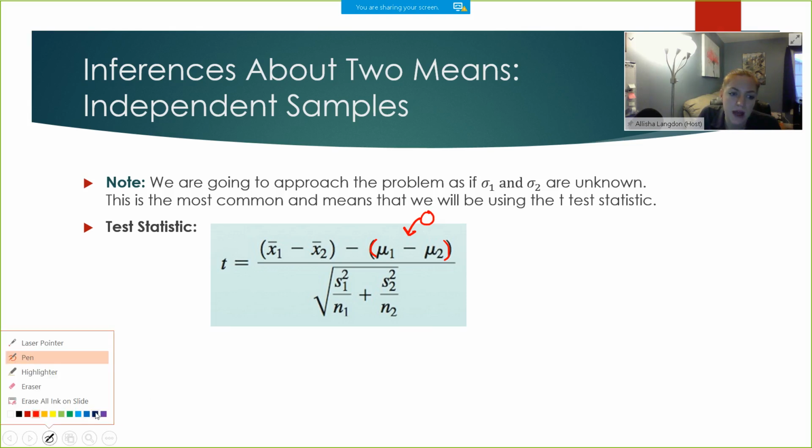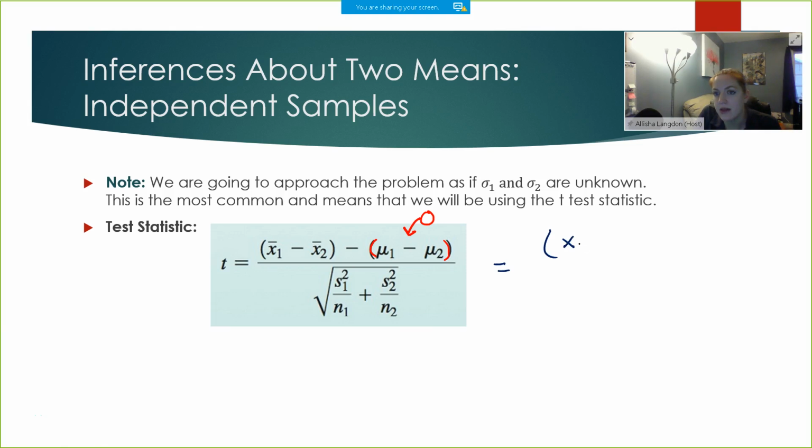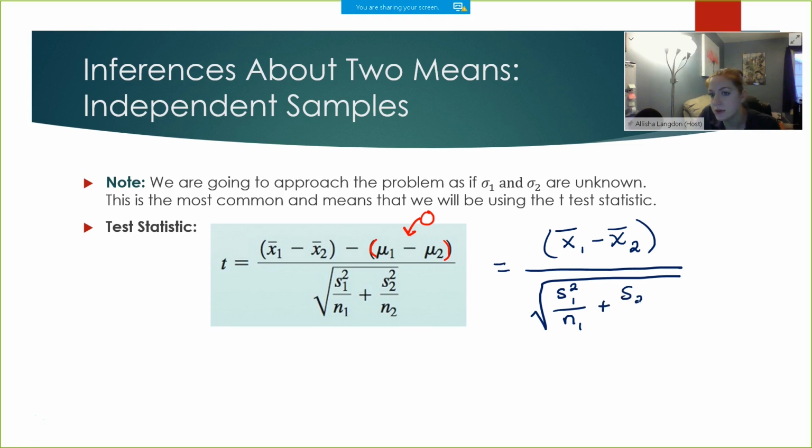So when we type this in, we can actually just type in the mean from the first group minus the sample mean of the second group, divided by the square root of S1 squared divided by N1 plus S2 squared divided by N2.